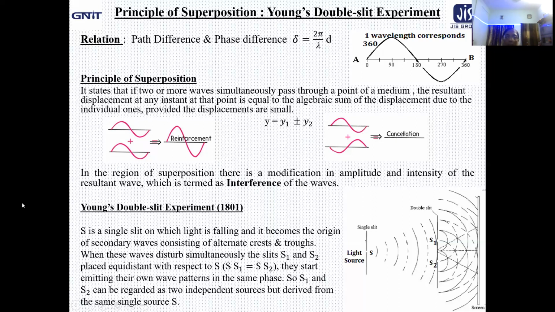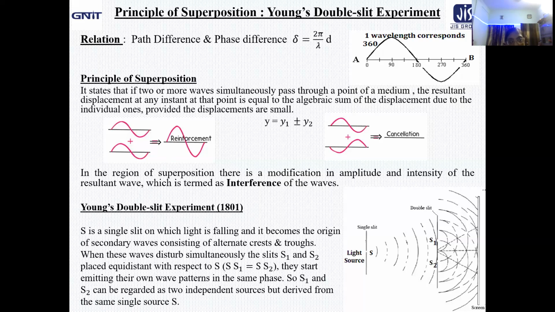Okay, now this principle of superposition. Using this principle of superposition, it was Thomas Young who conducted his famous double slit experiment way back in 1801 to analyze the phenomenon of interference in great detail, which is used even nowadays with the same importance in the detection of gravitational waves.